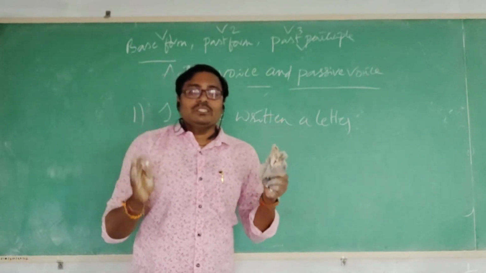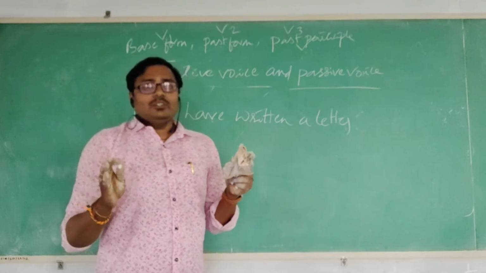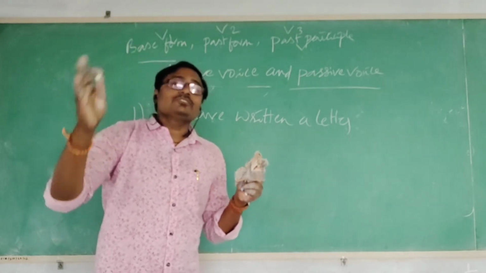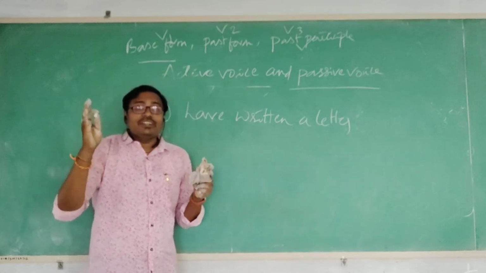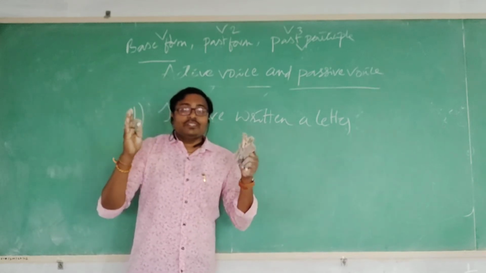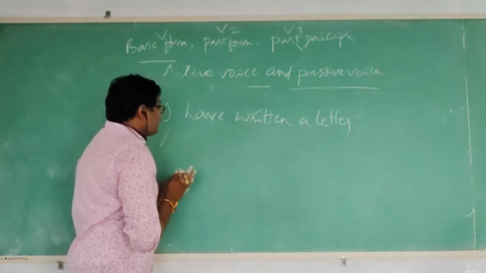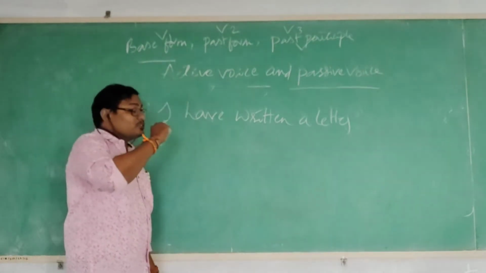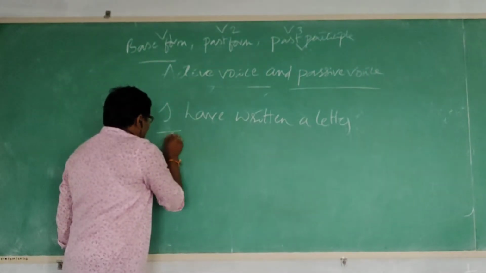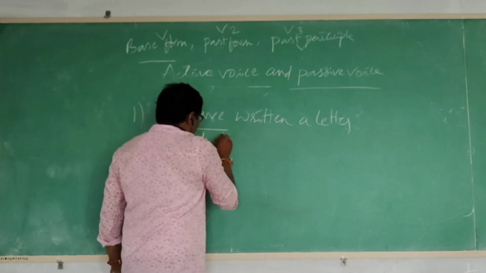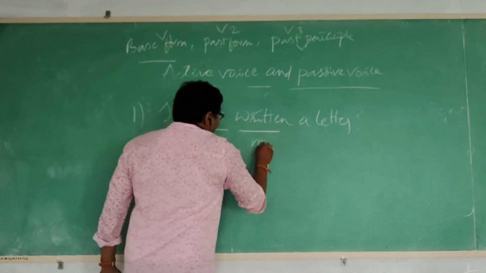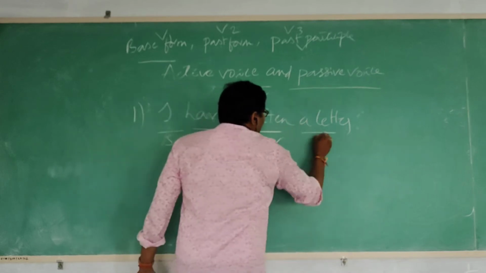Present perfect tense means any action which is completed just now or recently; those actions can be considered as present perfect tense. This is the subject, this is the helping verb, this is the main verb, and this is the object.